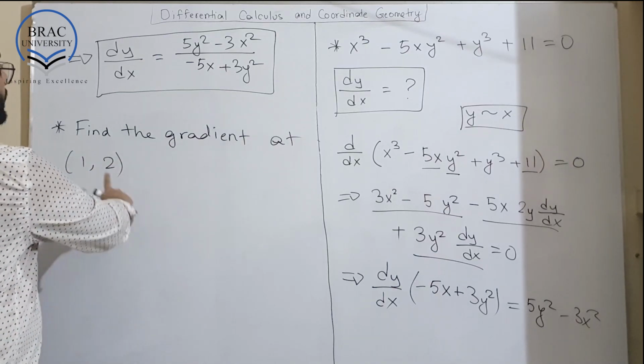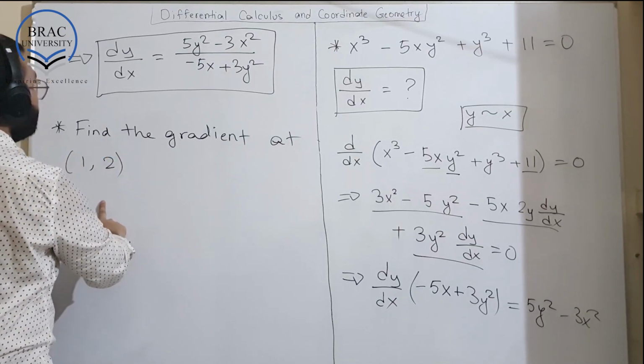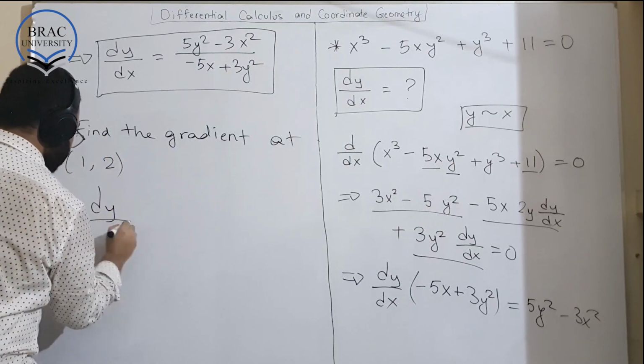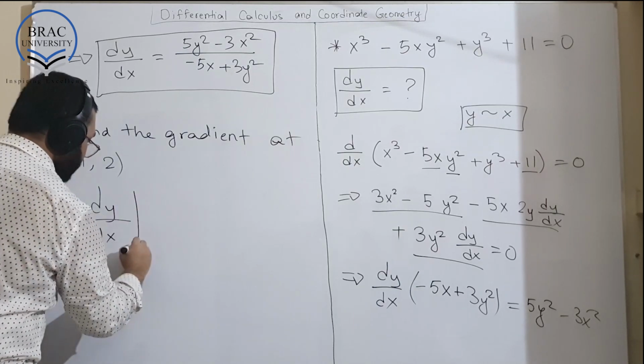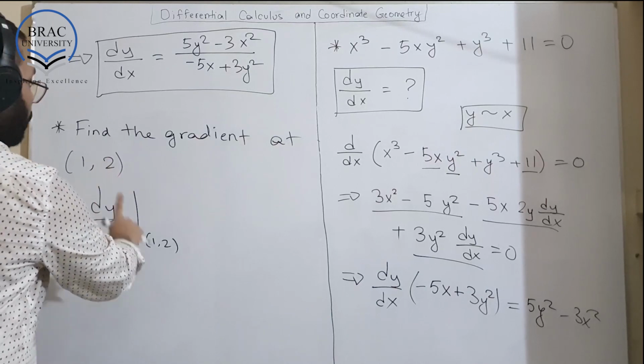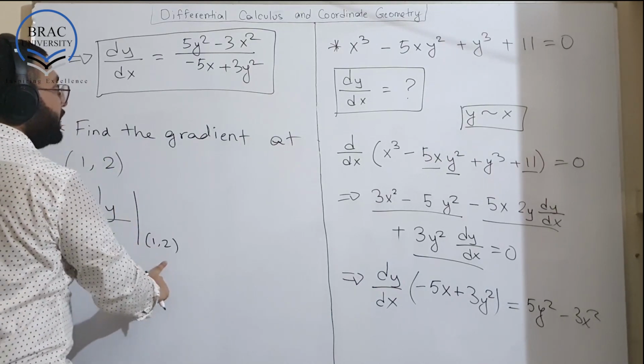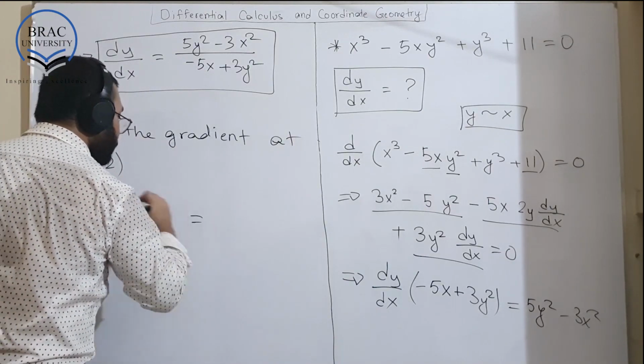What does that mean? This means we're plugging in the values: in place of x, we plug in 1, and in place of y, we plug in 2.